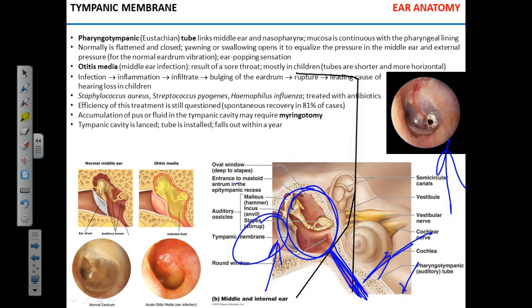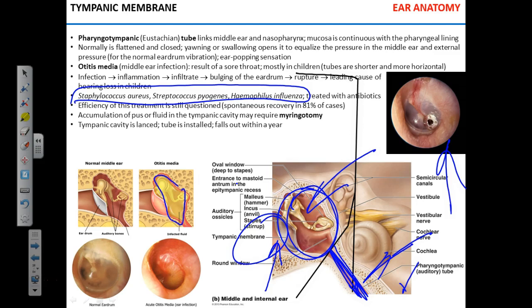So snot, if kids have a throat infection or nasal infection, snot can reach the middle ear, or it just can be flow of mucus from the nasopharynx. But if this mucus contains any pathogens, mostly bacteria, different types, Staph aureus, Streptococcus, strep throat, Strep pyogenes, Hib, Haemophilus influenzae, it reaches the middle ear and causes inflammation.